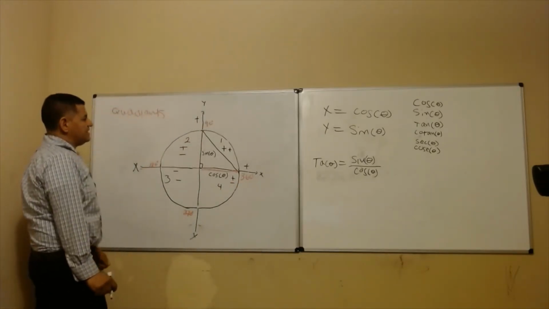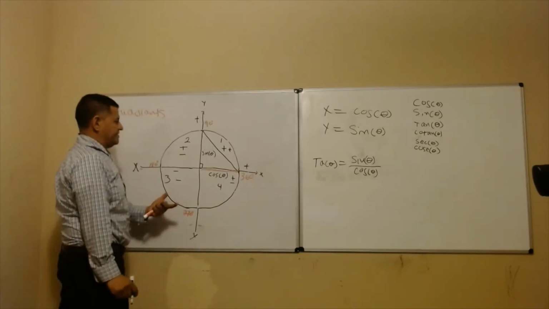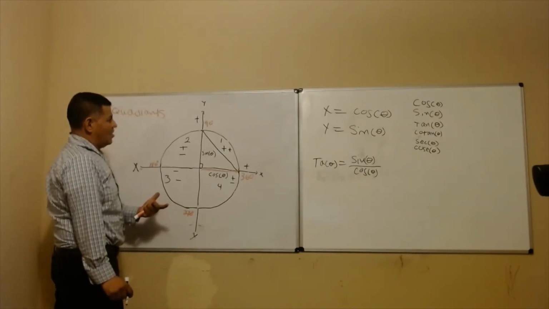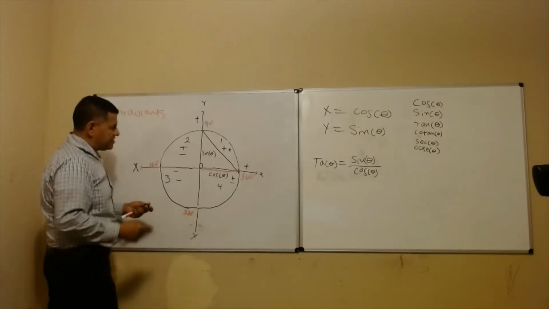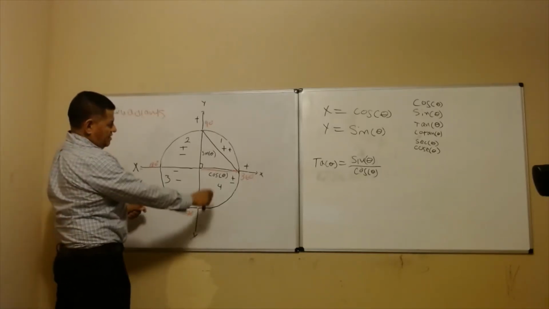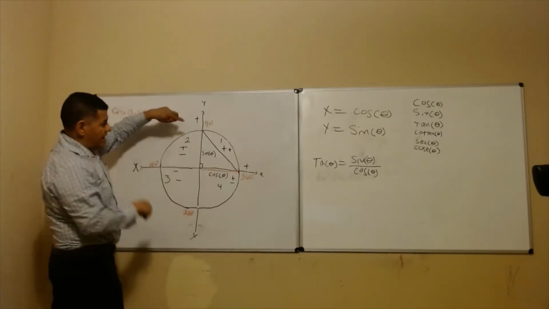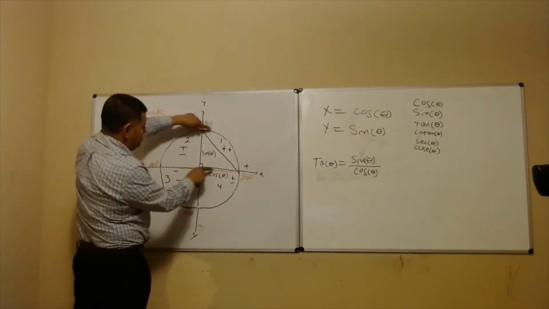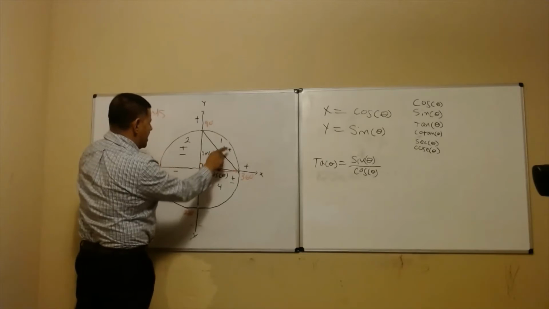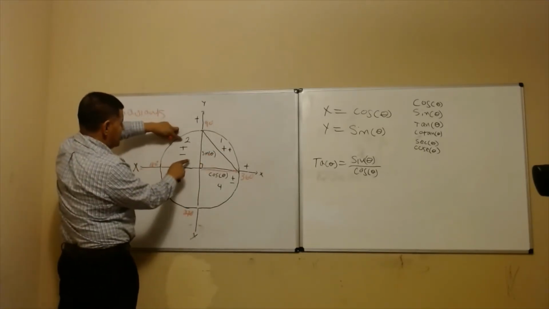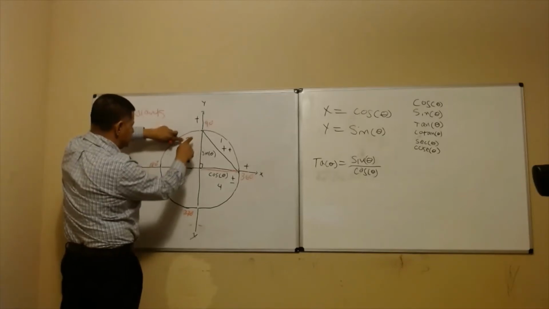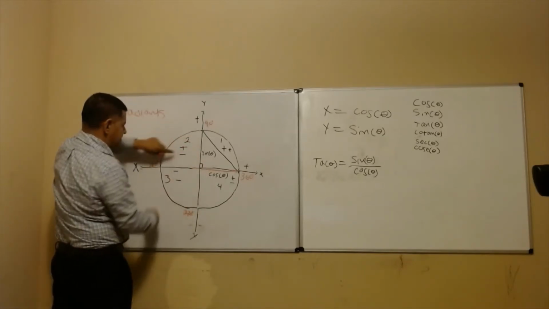Now, you can make the list and write this down if you want to, or you can just go by what you see, by visualizing. Here, sine and cosine are positive. Here, sine is positive and cosine is negative.